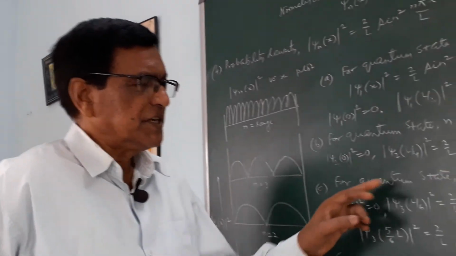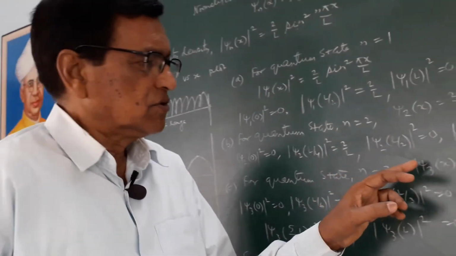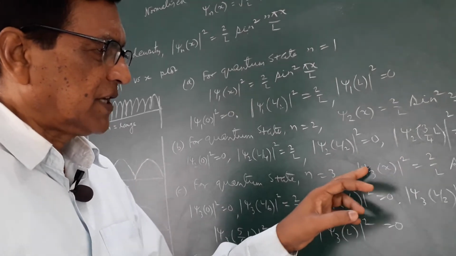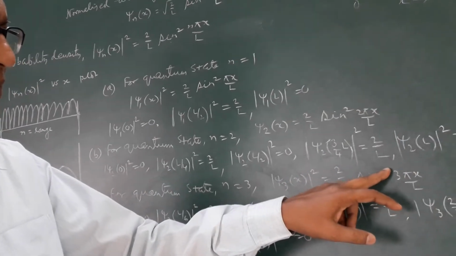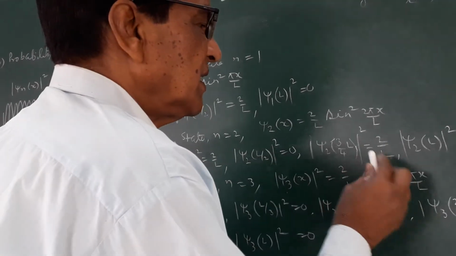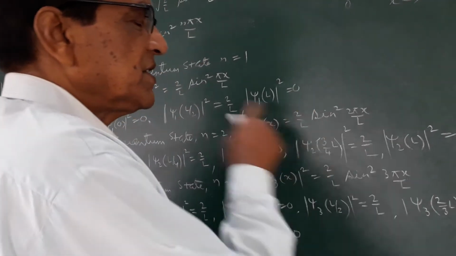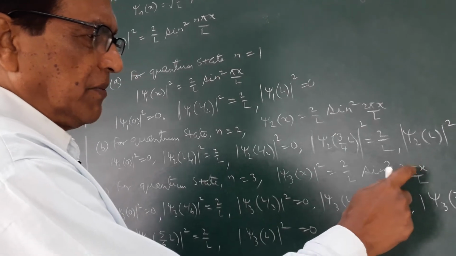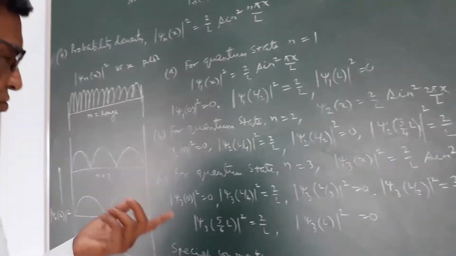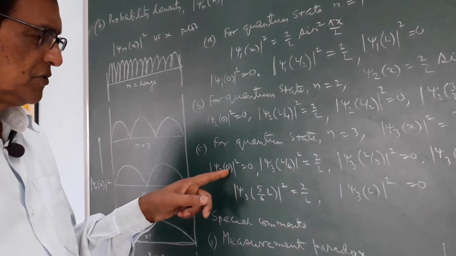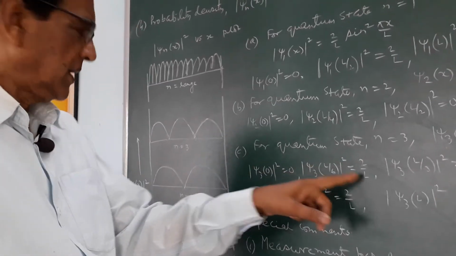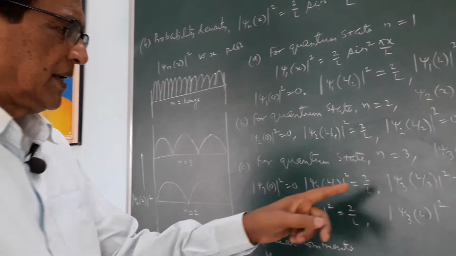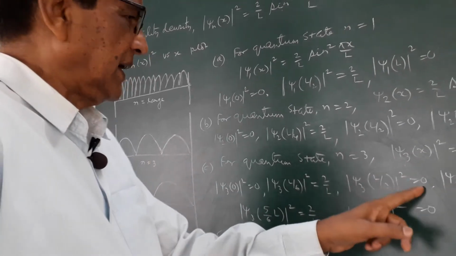For the quantum state n equal to 3, the modulus square of psi 3 of x equals 2 by L sin square of 3πx by L. So in this case also, when x equal to 0, it is 0. At x equal to L by 6 it equals 2 by L, a maximum, and at x equal to L by 3, again 0.